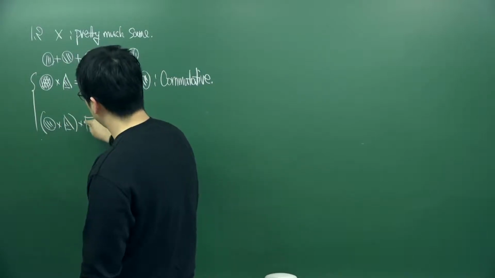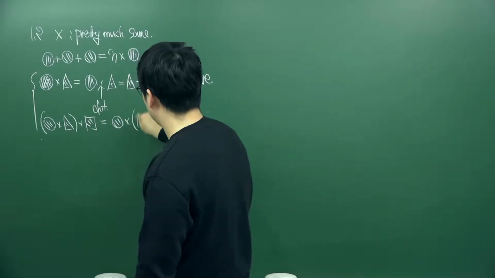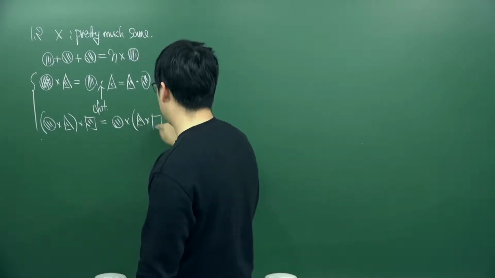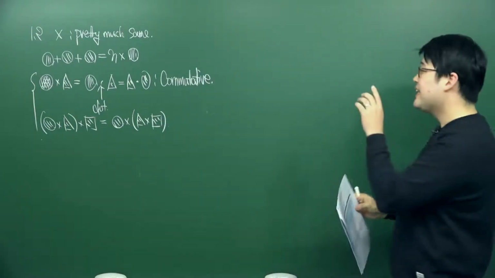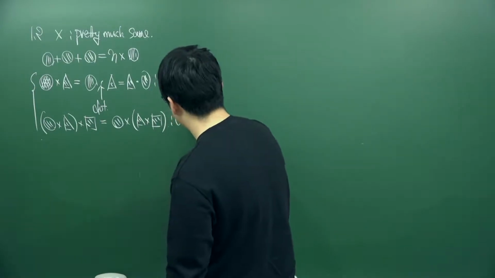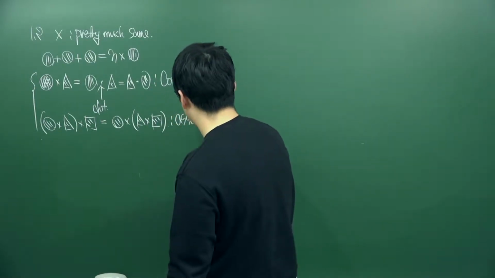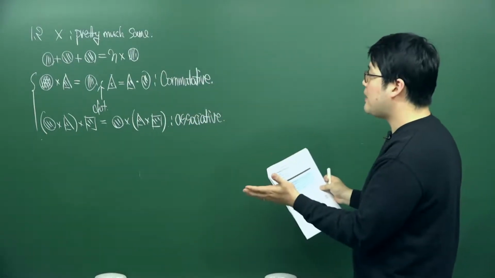This doesn't matter too. However we group them, we get an expression like this. That's an associative property. All right, so pretty much the same idea.